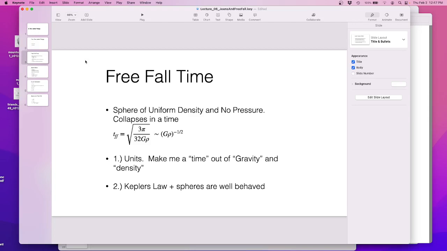How long does it take to collapse? Free fall time. So if the free fall time is shorter than the sound crossing time, what happens? Pressure waves even out density perturbations.